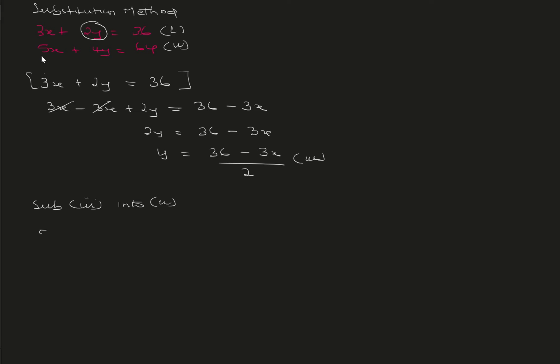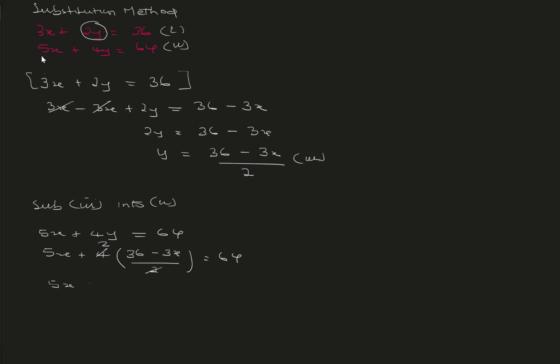So here we have, and always we write the equation down again so that we know for sure we're working with the correct equation. And this I cannot emphasize enough. So then we put this in brackets, minus 3x over 2 is equal to 64. Now here we can already simplify here and get a 2.